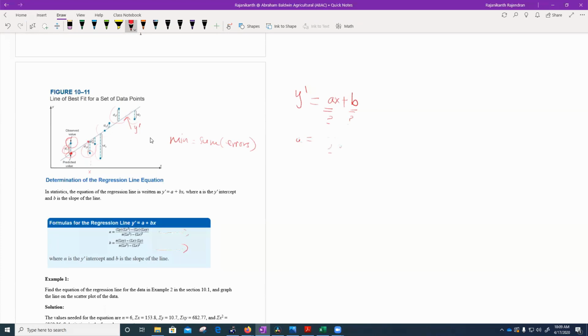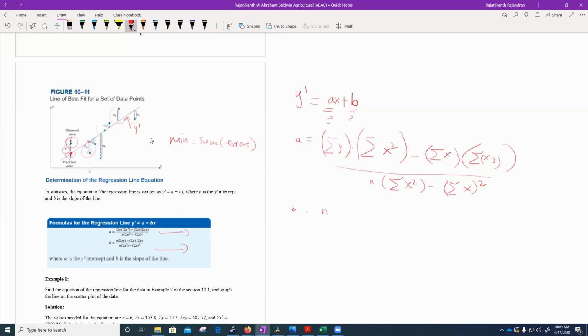The summation of all the Y data points, multiplied by the summation of the square of all the X values, then subtract the summation of X times the summation of X times Y. Now we are dividing all of this by n times the summation of x squared minus the summation of x, whole thing squared. So this is a massive formula to calculate A, right? In a similar way, you could calculate B also.